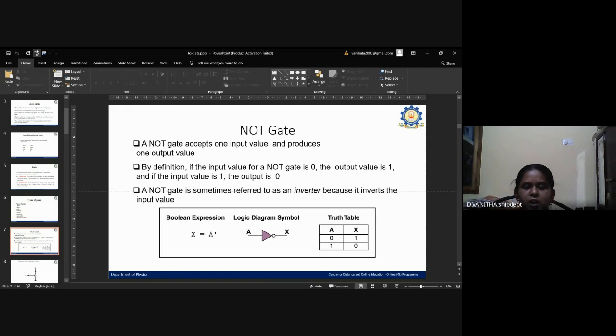The logic diagram symbol is denoted like this. Next, this is the truth table. If the input is 0, the output is equal to 1. If the input is 1, the output is equal to 0.